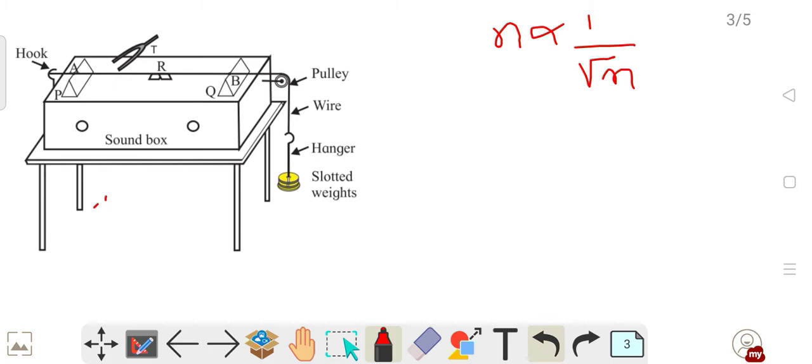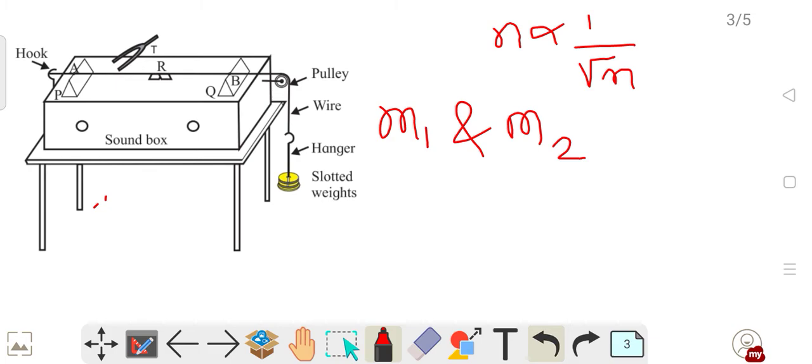For verification of the third law of vibrating strings, since we have to do this with respect to the linear density of the wire, I will be changing the wires in both experiments. In the first case I took the wire whose linear density was m1, and in the second case the wire whose linear density was m2. The first wire is subjected to suitable tension and made to vibrate in unison with the tuning fork, that means resonance was established.